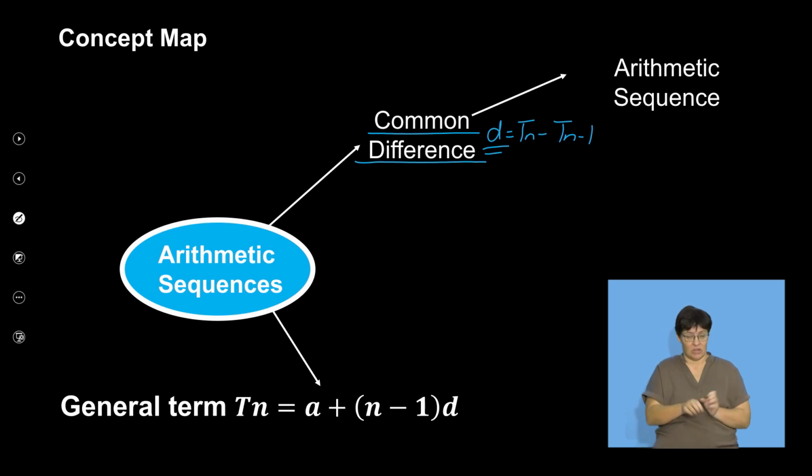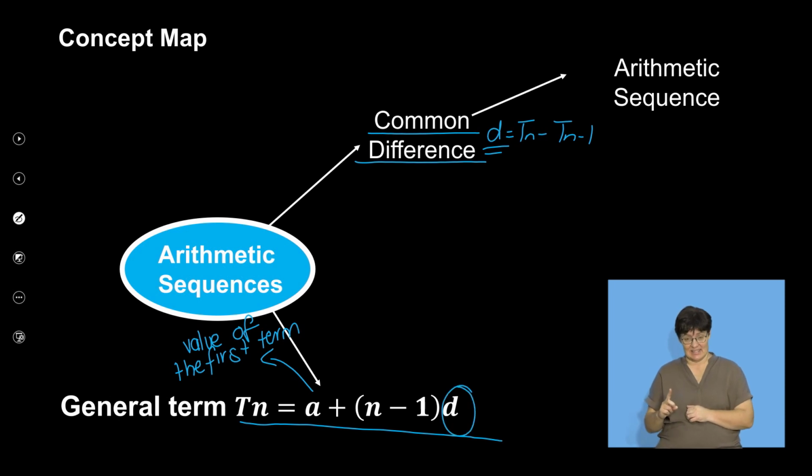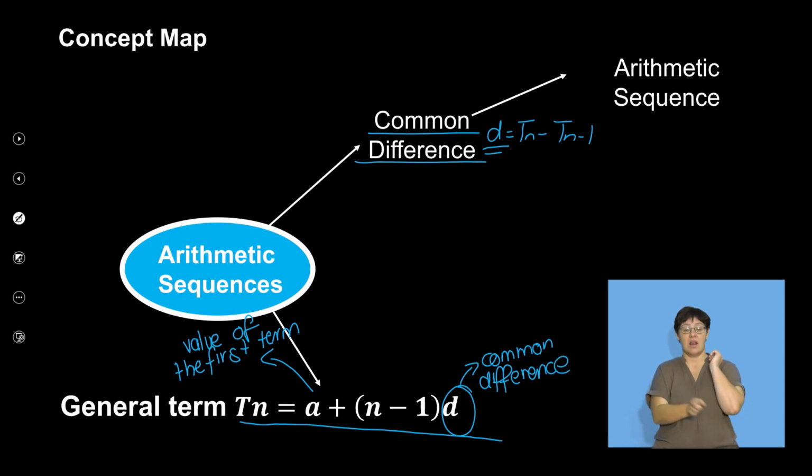Looking at the general term, A is the value of the first term, and D refers to my common difference. The last thing we discussed is how the general term can help me write other terms in terms of their differences.